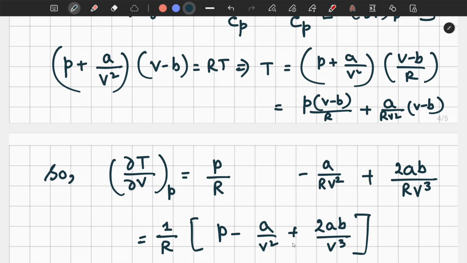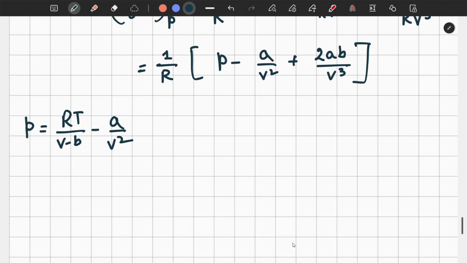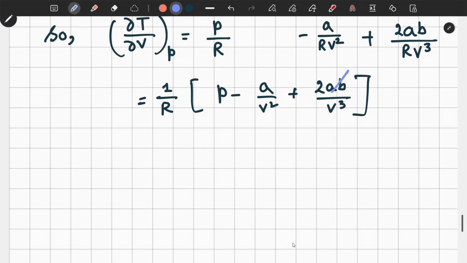Okay, so yes, actually they are ignoring this part. Yes, I'm correct. Due to A and B being there, they are ignoring this part. Otherwise nothing is wrong.